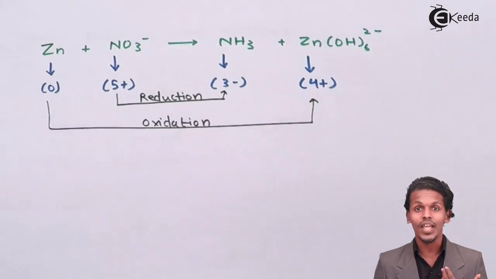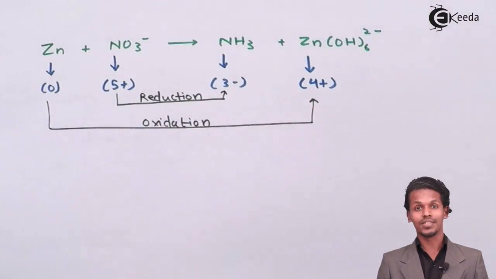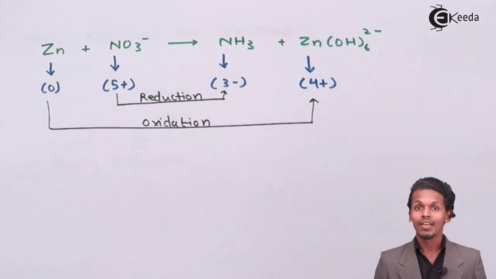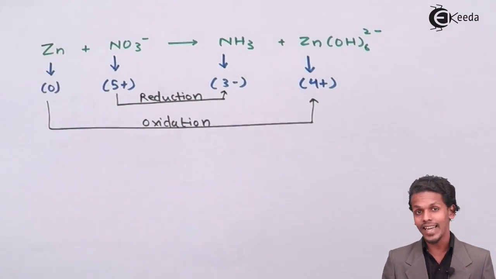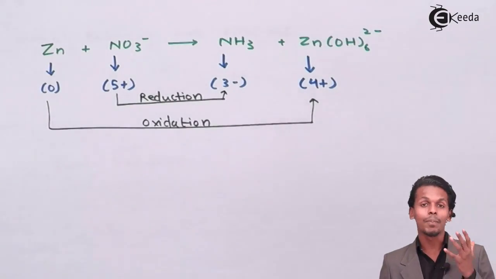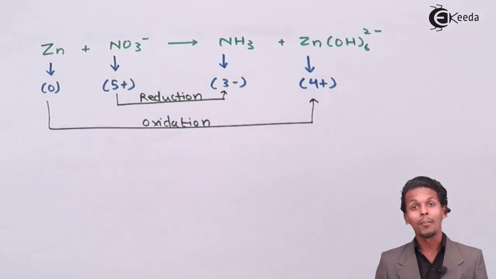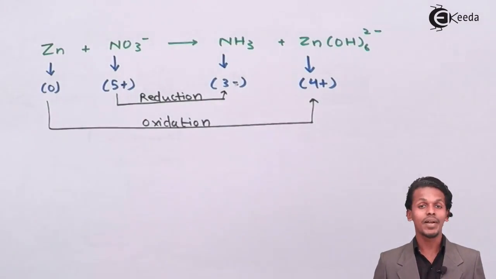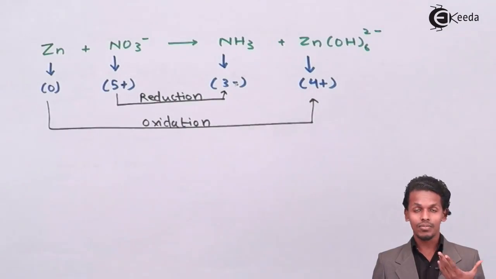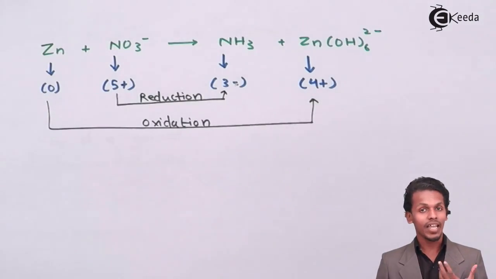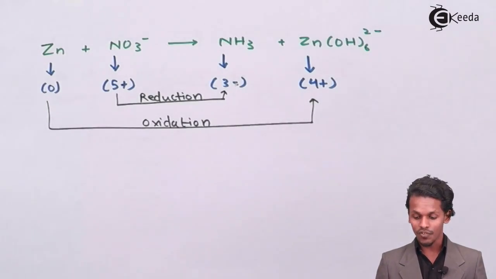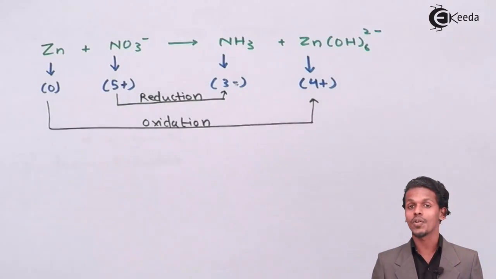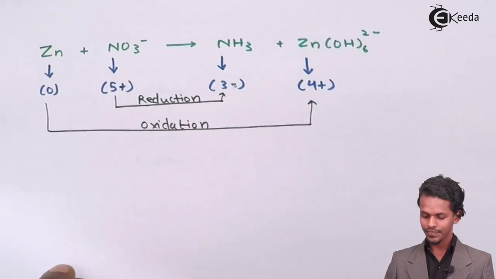So again for that we have to take 3 more electrons. So ultimately the electrons gained during the conversion of +5 oxidation state to -3 oxidation state is 8 electrons.